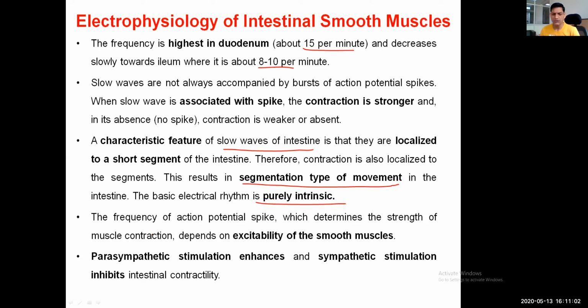The frequency of action potential spikes, which determines the strength of muscle contraction, depends on the excitability of the smooth muscle. As we already know, parasympathetic stimulation enhances small intestine movement or all the GIT movements, while sympathetic stimulation inhibits the contractility and motility.